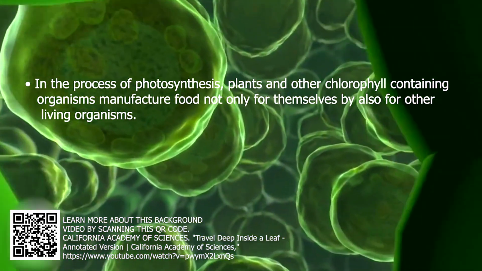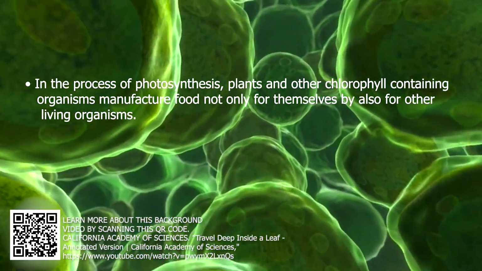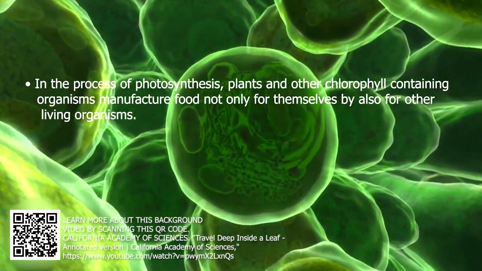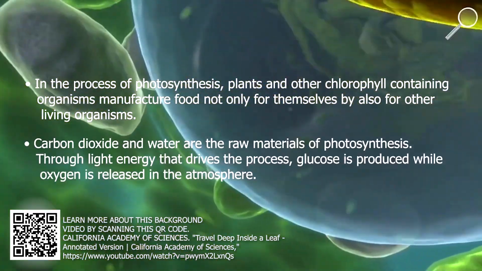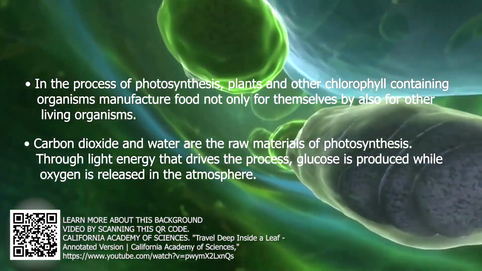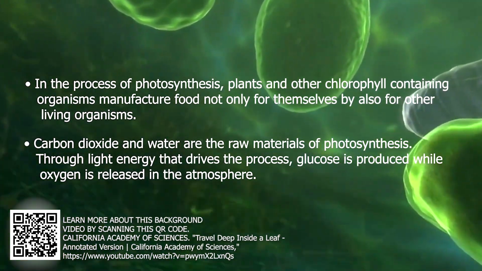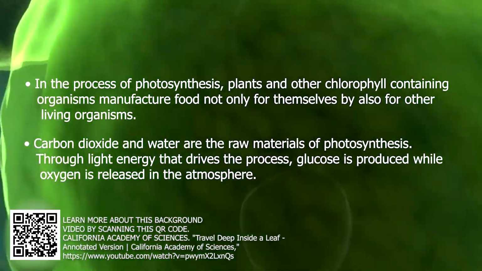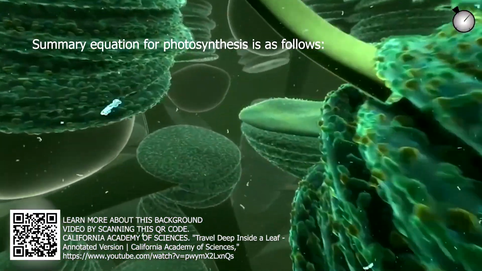In the process of photosynthesis, plants and other chlorophyll-containing organisms manufacture food, not only for themselves, but also for other living organisms. Carbon dioxide and water are the raw materials of photosynthesis. Through light energy that drives the process, glucose is produced, while oxygen is released in the atmosphere.